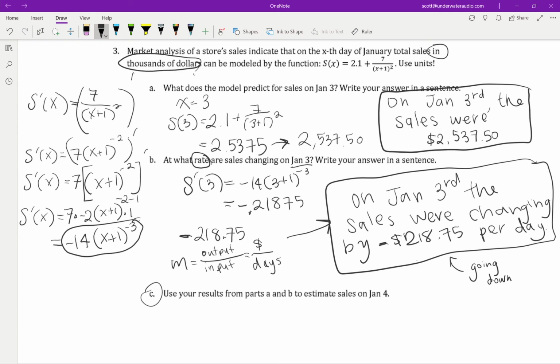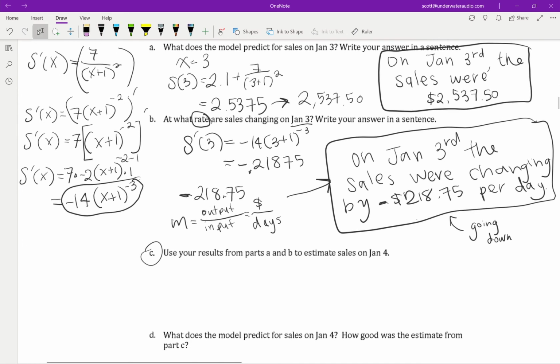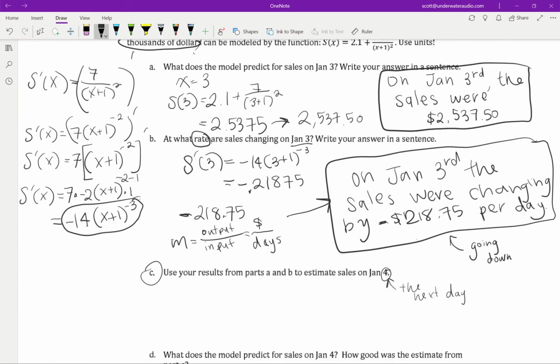Okay, so now I'm going to use my results from parts A and B to estimate the sales on January 4th. So that's the next day. I already know what they were on January 3rd, and I know how much they're changing. So I just put that together. It started with $2,537.50, and I know it's going down by $218.75.